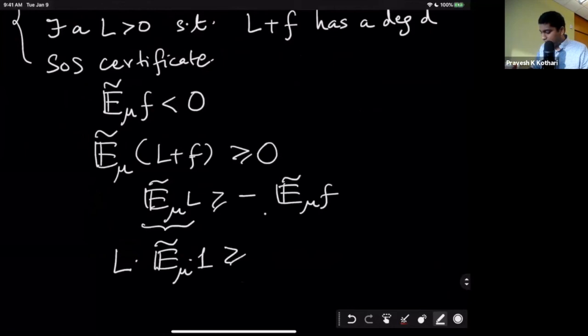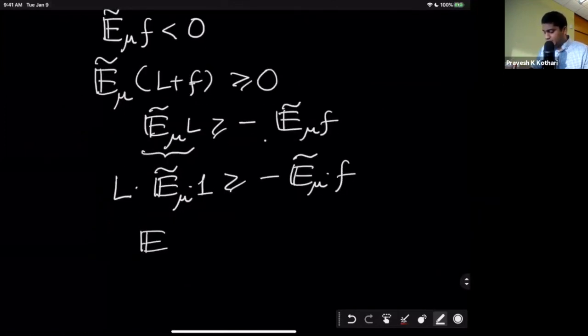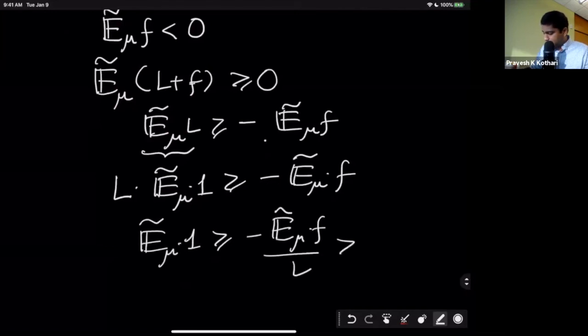So we derived that L times Ẽ_μ of 1 is bigger than or equal to minus Ẽ_μ of f, which is strictly positive. So this allows us to conclude that Ẽ_μ of 1 is positive, and that's it, we're done.